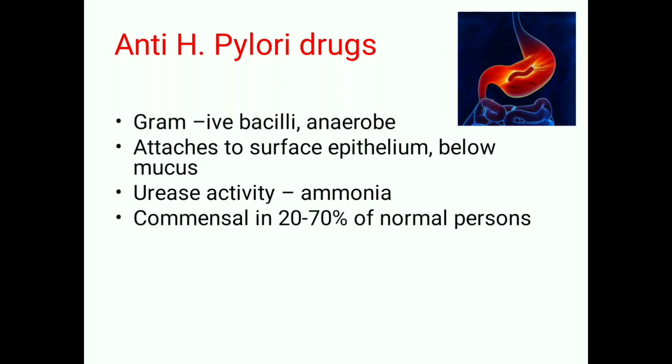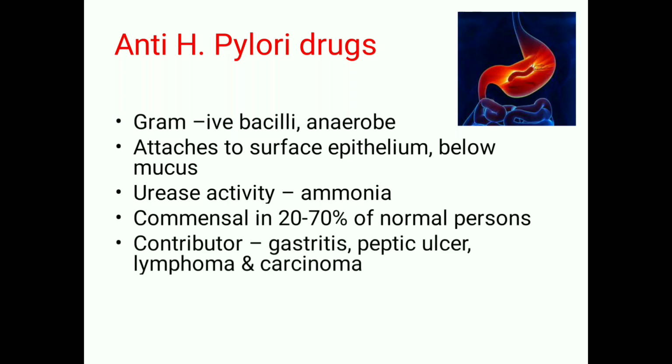Thus it produces a neutral microenvironment around the bacteria, and thus the bacteria is able to survive, and once it colonizes the gastric epithelium, it stays there for life, and around 20 to 70% of normal persons could have this H. pylori bacteria as commensal.